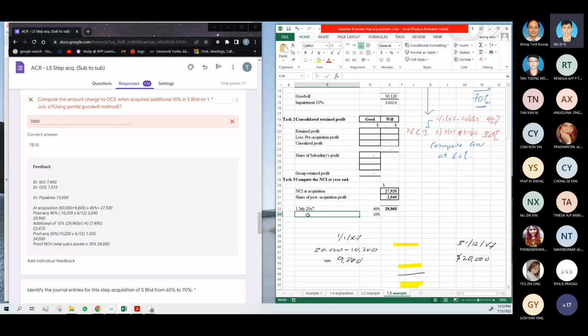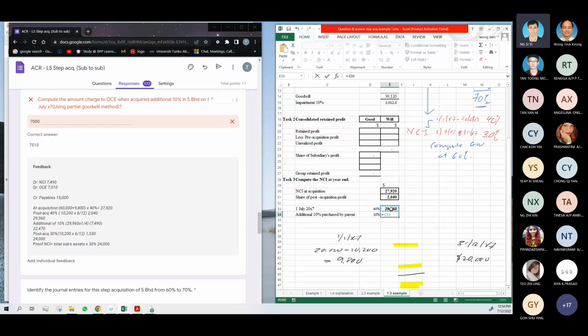So the additional 10% purchased by the parent, you just minus from here. 10% is equal to 7490.